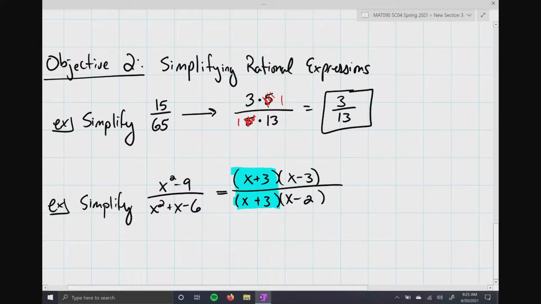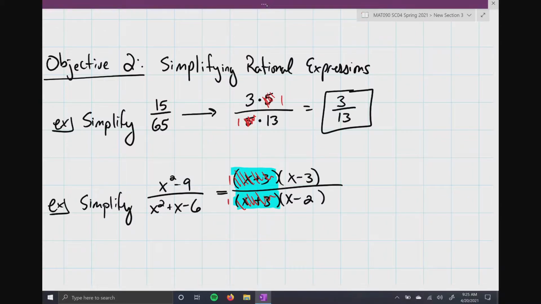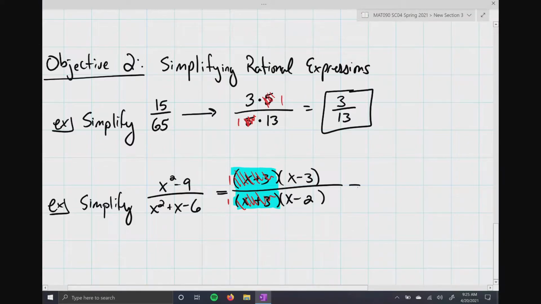And just like 5 over 5 was 1, I will simplify this. I know they turn into a 1, for a final result of x minus 3 over x minus 2.